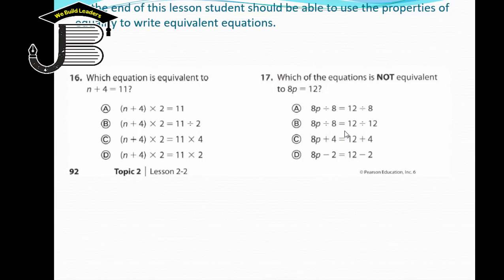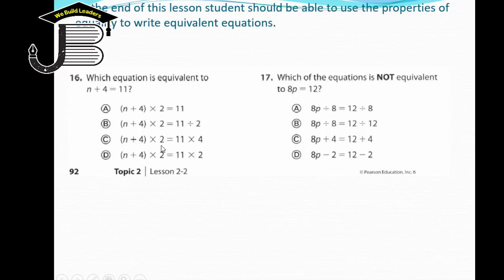Last but not least, let me discuss question number 16. Which equation is equivalent to n plus 4 equals 11? In the first choice, he multiplied the first side by 2, but he didn't multiply the second side by anything, so it's wrong. In the second choice, he multiplied the first side by 2, but he divided the second side by 2, so it's not.